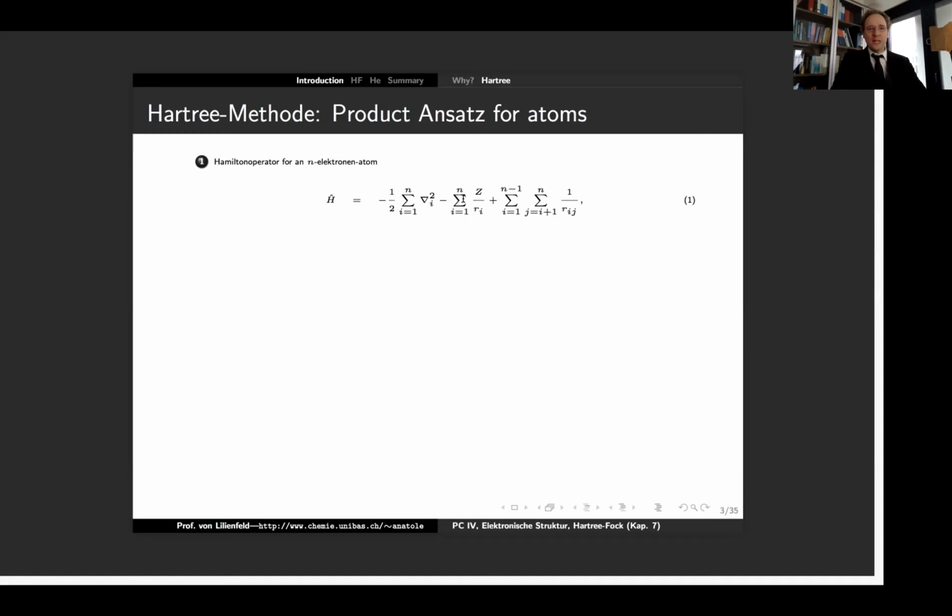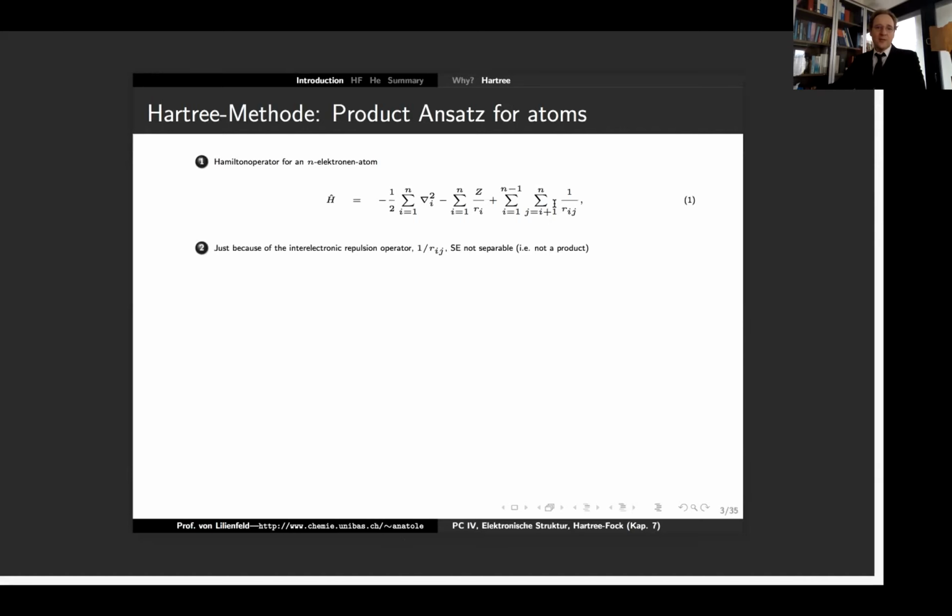This is the external potential, so just the distance of electron i from the nucleus. That's the nuclear charge of your one atom. And then you have the electron-electron repulsion operator, okay? So that's a Coulombic repulsion operator.